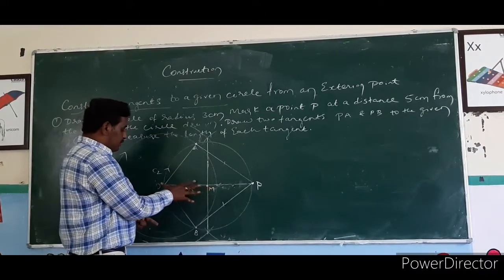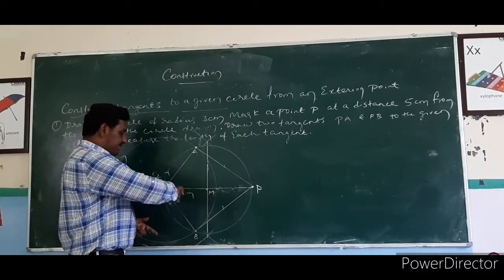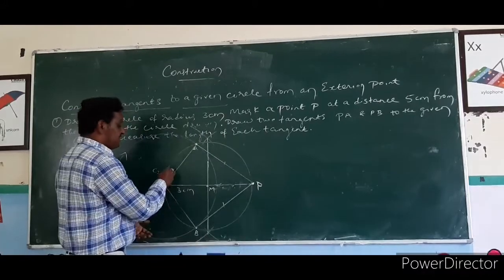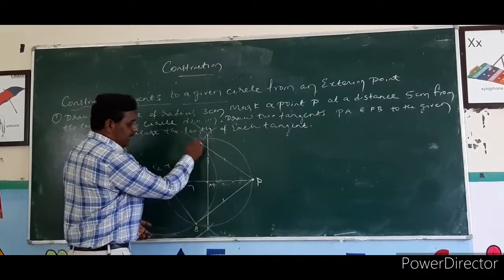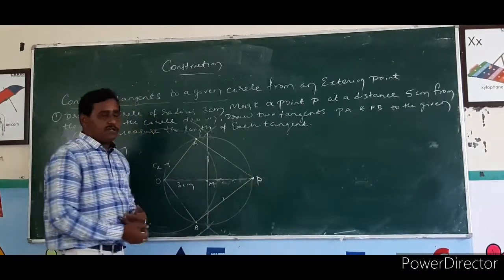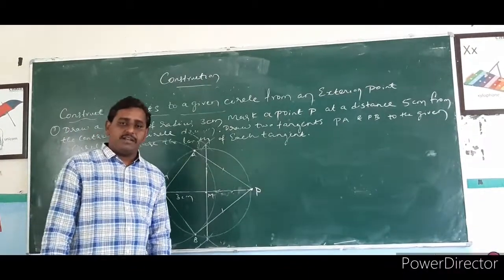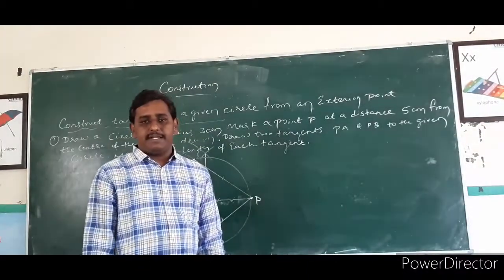From this midpoint to the center, you take the radius, and with M as center draw one more circle. This is circle 2. Circle 2 and circle 1 touch at points A and B. You can join PA and PB. These are the two tangents. After joining, you can measure the tangents. Then you can easily construct tangents to an exterior point.